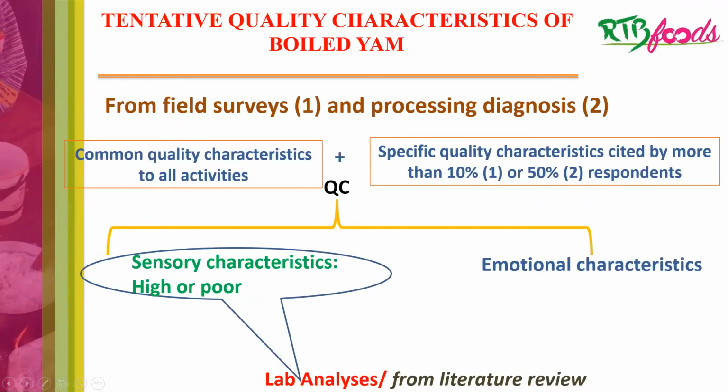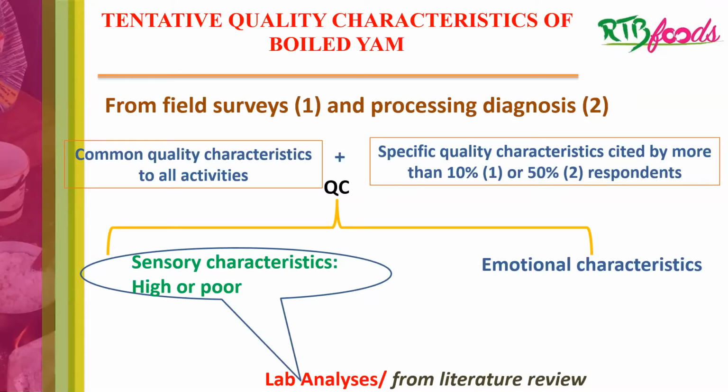The quality characteristic of Boeing Yam we collect from survey and processing dances were grouped in two main categories. The first is sensory characteristic, high and poor, and the second is the emotion characteristic. What we did, we have two kind of data to build these two groups.